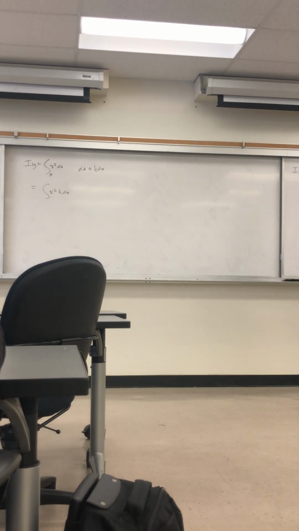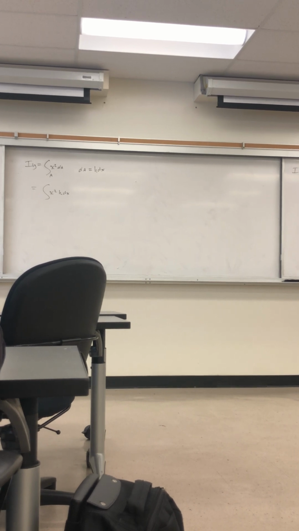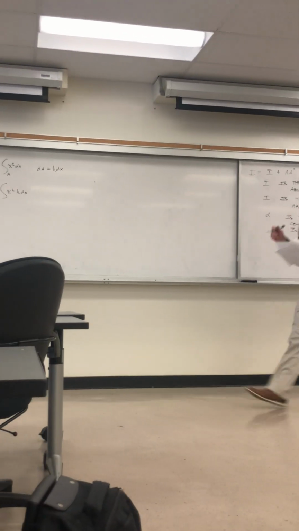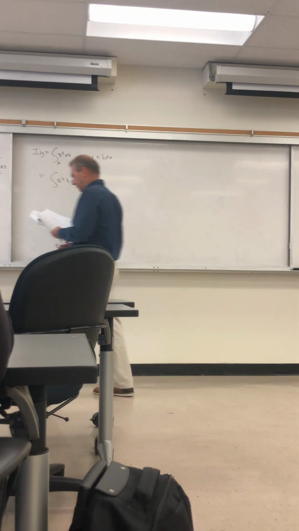Now I'm doing the same integral, except I'm integrating across in the x direction. My limits will be from minus b over 2 to plus b over 2, so we're going in descending order.